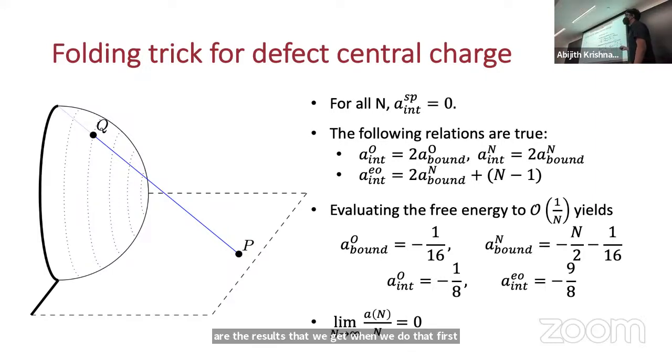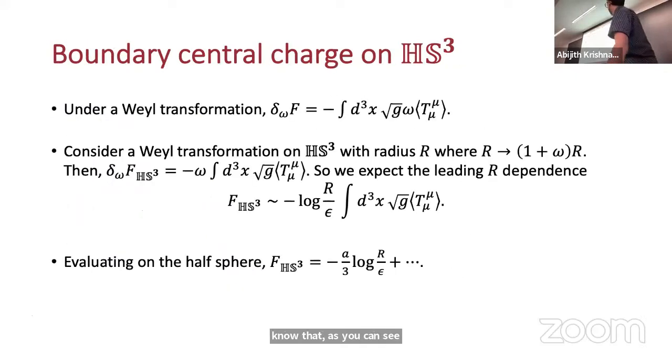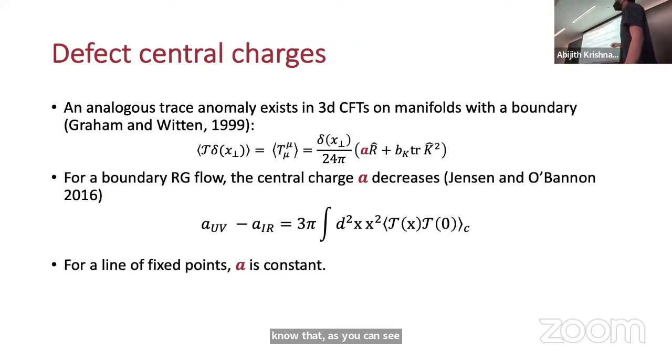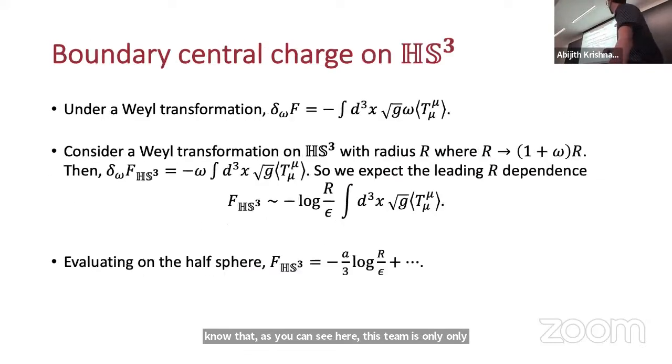First, for all n, the central charge of the special fixed point must be 0, because remember, the special fixed point corresponds to the fixed point with no defect. And as you can see here, this T mu mu only has a non-zero trace along a defect or boundary.